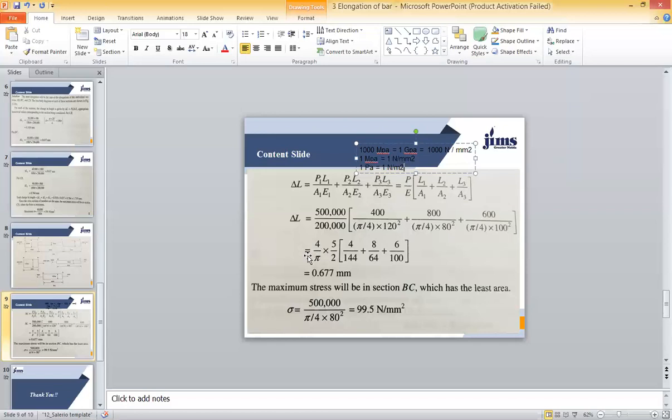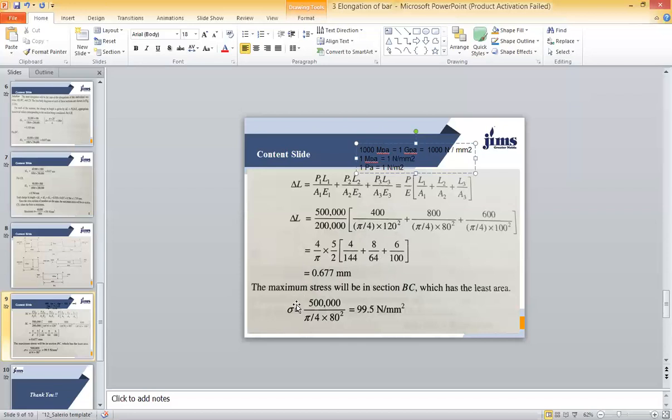So we simplify this calculation, and the total amount is 0.677 mm. Delta L is equal to 0.677 mm.